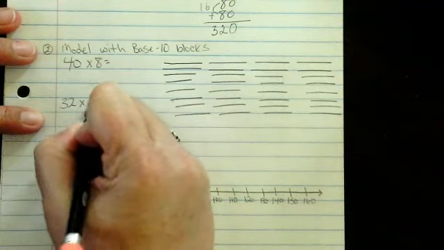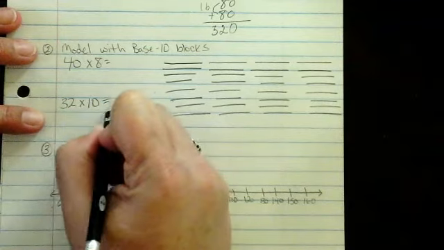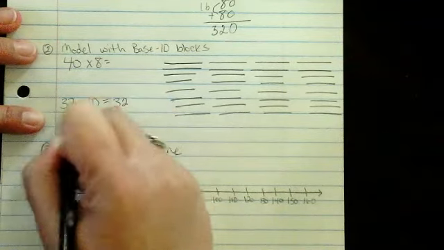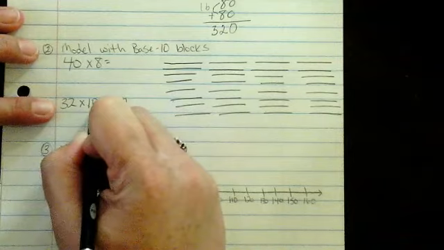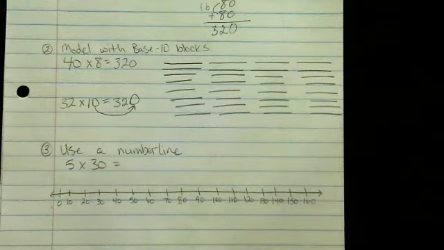I have 32 tens. I know that I can multiply 1 times a number and I get that number. And then I bring my 0 over, and I get my answer. So using base 10 blocks is another strategy.